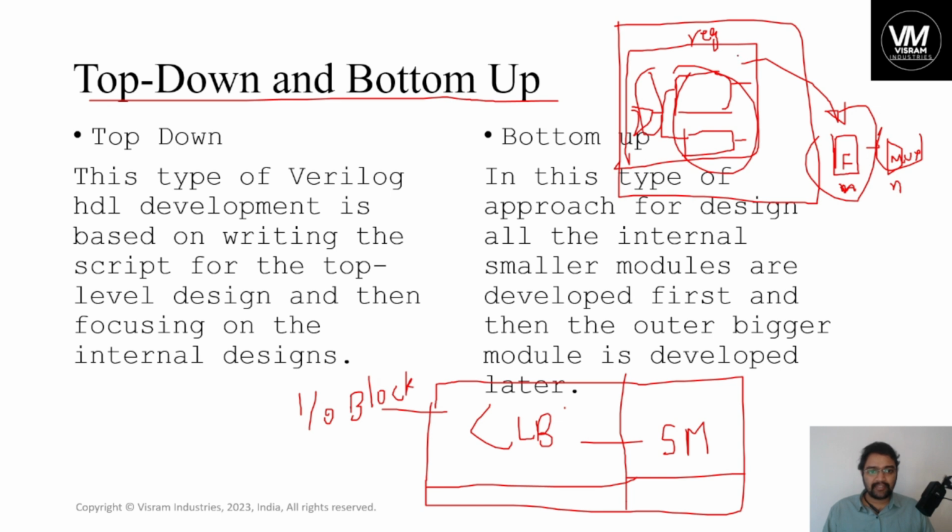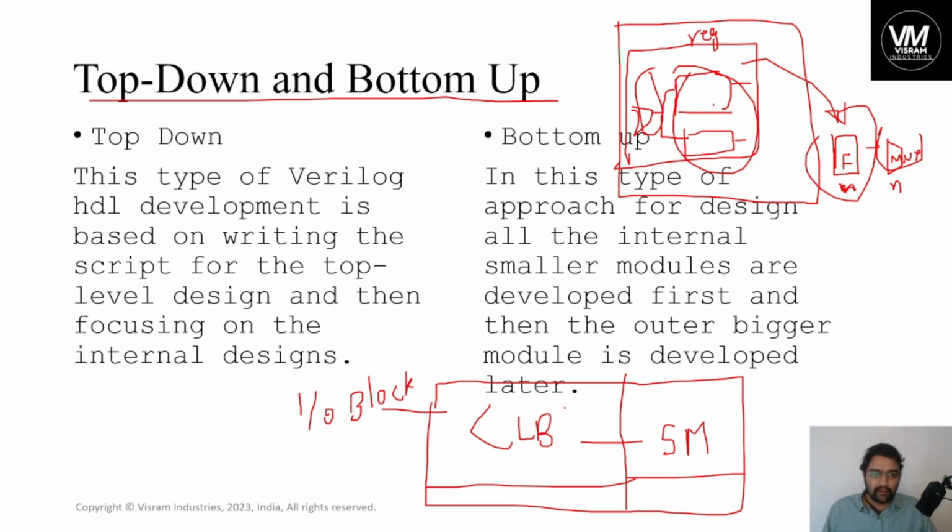if all these elements are inside this block, how will you write a code based on the elements? You shouldn't be confused. So we have made an approach, top down and bottom up.